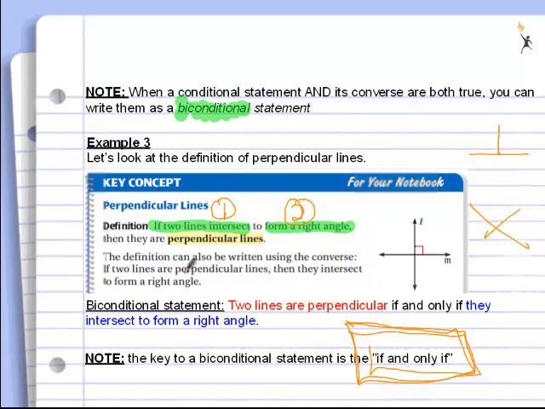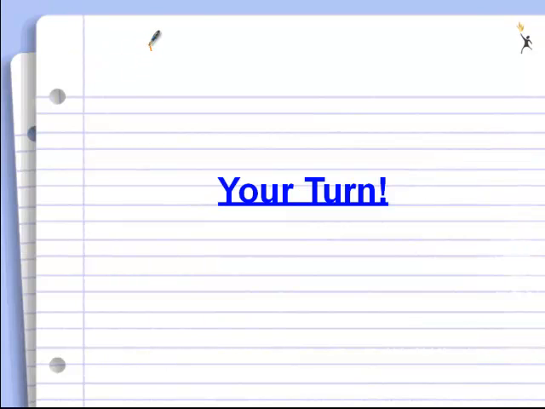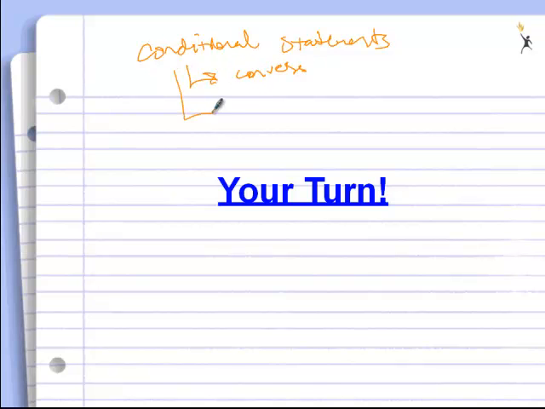We don't deal a whole lot with biconditional statements, so it's okay if you just kind of briefly look at this. You're going to see it a little bit on your homework tonight. But for the most part, it's just dealing with conditional statements. For the most part, conditional statements. Being able to write the converse, the inverse, and the contrapositive statements.